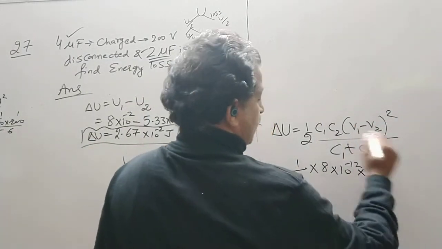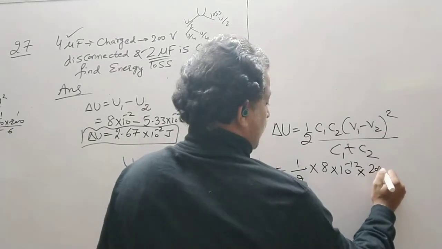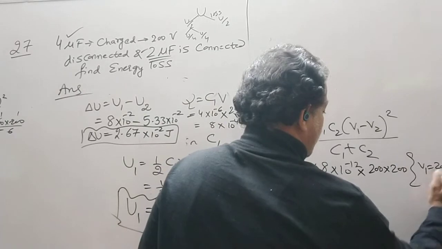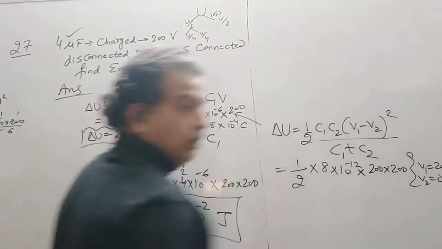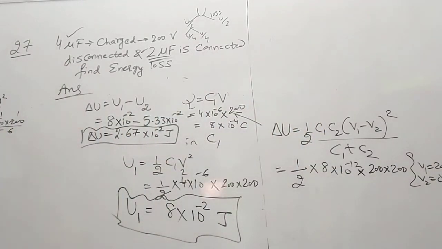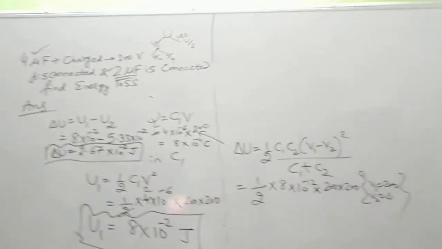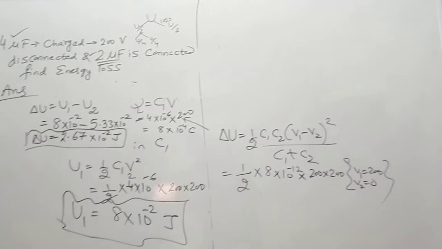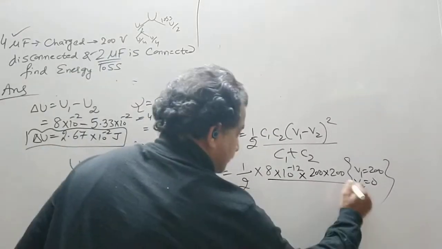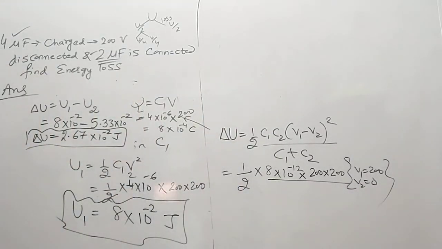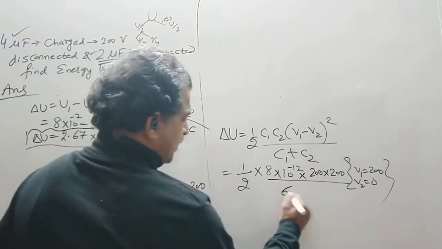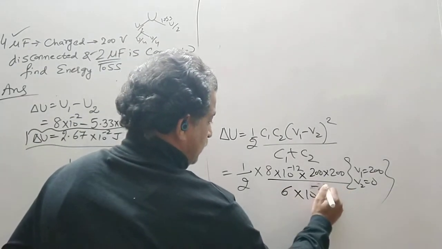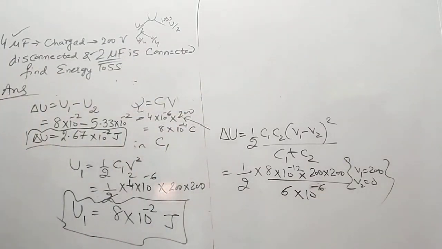So V1 square means 200 into 200, divided by C1 plus C2, that is 6 micro, so 10 raised to minus 6 total.